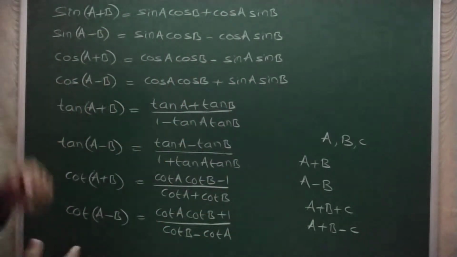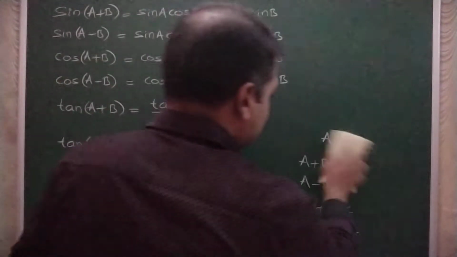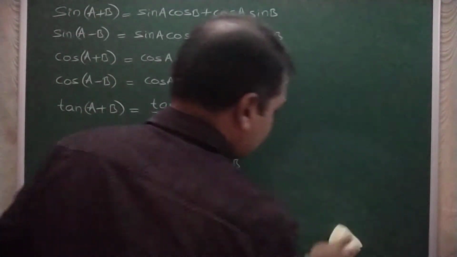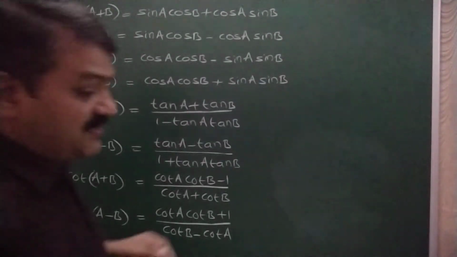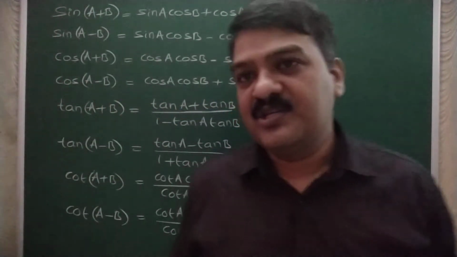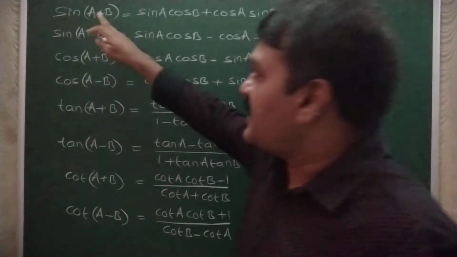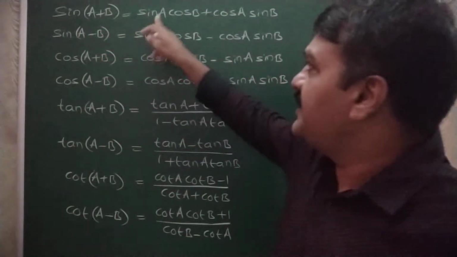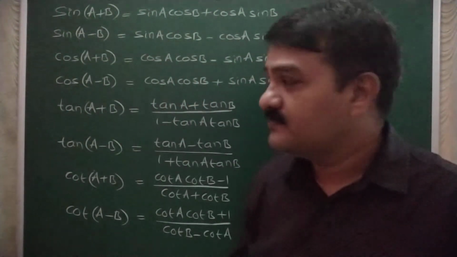So now I have on the board the trigonometric ratios for A plus B and A minus B. We can observe, for A plus B and A minus B, the trigonometric ratios of sine, cos, tan and cot. So sin A plus B is sin A cos B plus cos A sin B, this is the basic formula.